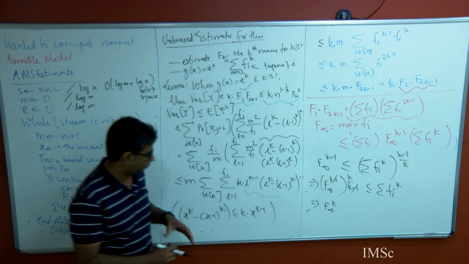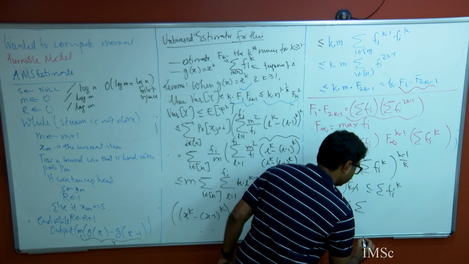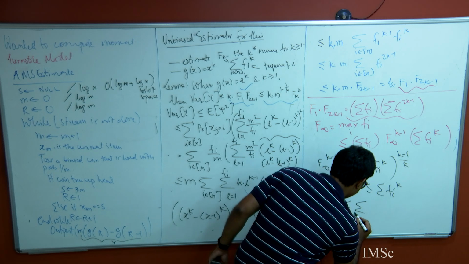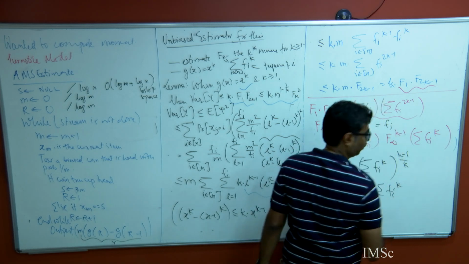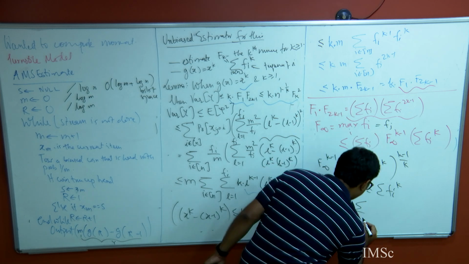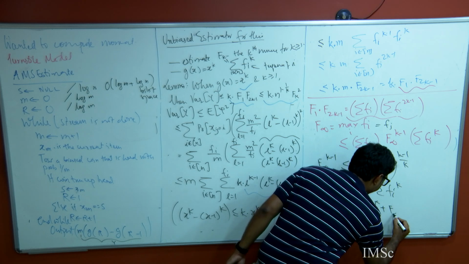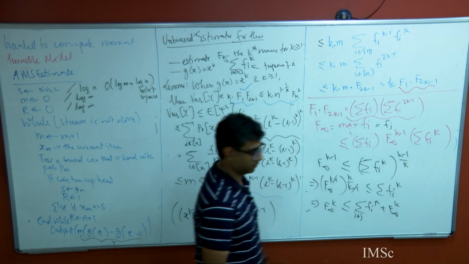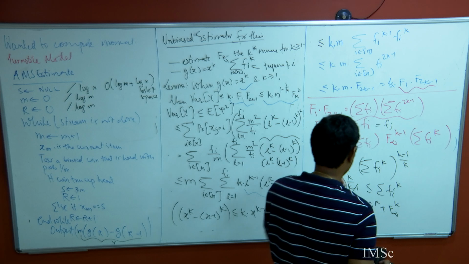So this is less than or equal to summation, let's say f infinity is equal to some f_j, it could be over i not equal to j of f_i to the power k plus f infinity to the power k. This is what it is, right? So we can use this terminology here, okay.